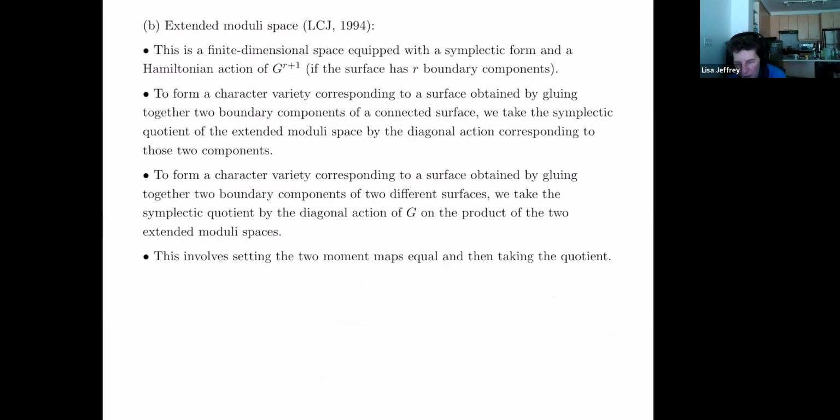So the extended moduli space more or less has the same purpose as the quasi-Hamiltonian spaces, except that the extended moduli space is non-compact and singular, which the quasi-Hamiltonian spaces are not.